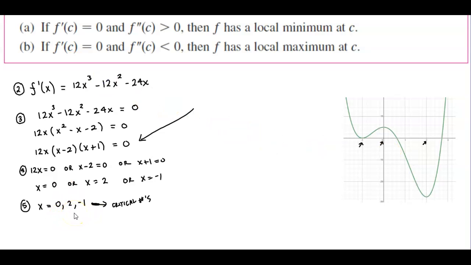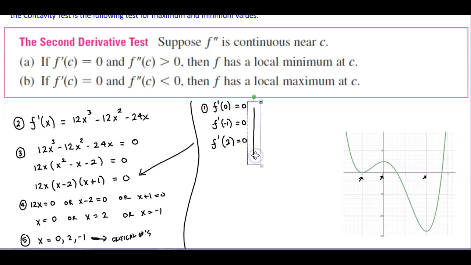So each one of these, if we look at part A and part B, if we found f prime of 0, that gave us 0. f prime of -1 is 0. And f prime of 2 was also 0 because those are the critical numbers. Now in step 2, we want to use the second derivative.